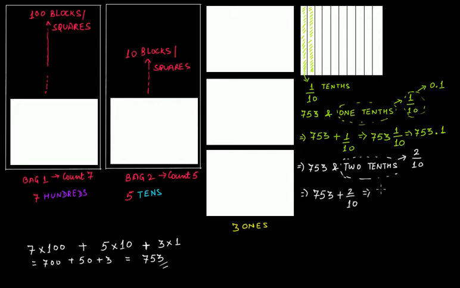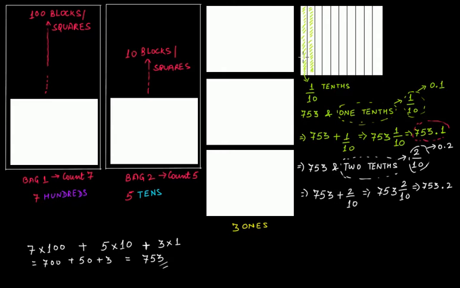This can again be written as 753 and 2 over 10 as a mixed fraction, and this 2 over 10 will be 0.2. If you divide 2 by 10, you will get 0.2. Therefore, this becomes 753.2.